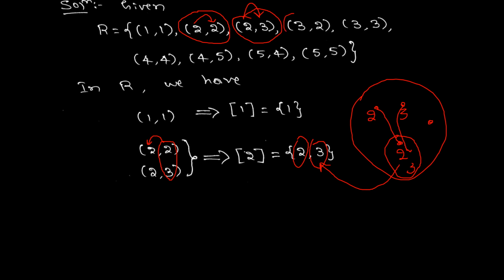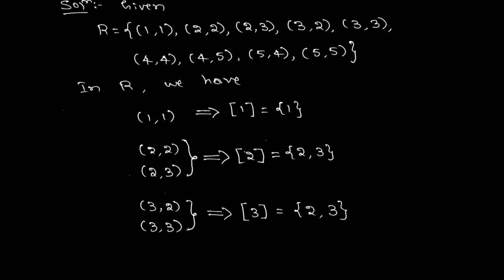Here we have (3, 2), but not (2, something else). This is 3 related to 2. We take this pair when we go for the equivalence class generated by 3. Now let us go for 3. The equivalence class generated by 3 means the set of all elements to which 3 is related, so the first element will be 3.